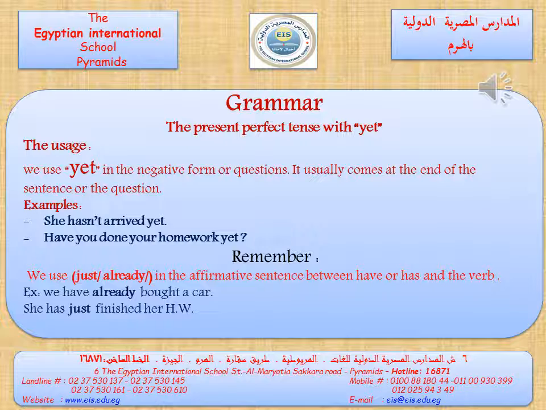For example, "We have already bought a car." Or "She has just finished her homework." Those two sentences don't have "not", so they are affirmative, and they don't have a question mark, so they are not questions. So we used "just" and "already".